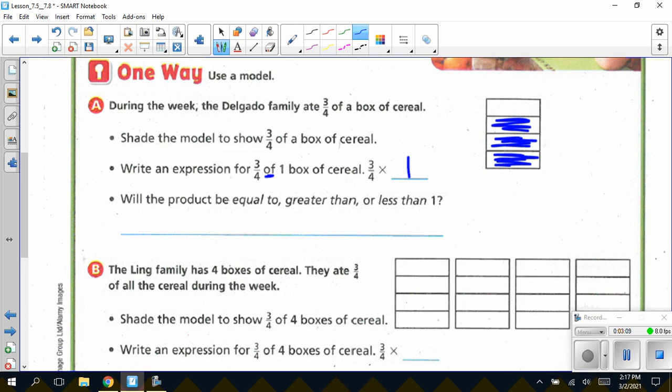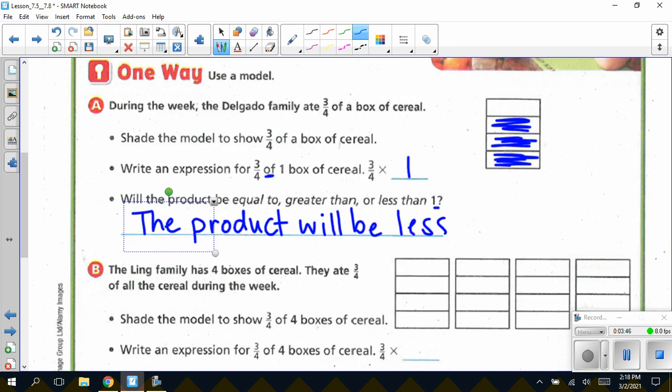So if I multiply 3/4 times 1, will the product be equal to, greater than, or less than 1? Well, I know that when I multiply any factor by 1, the product will be less than 1 or equal to the other factor that you're working with. So because they're asking, will the product be equal to, greater than, or less than 1, we have to say the product will be less than 1.